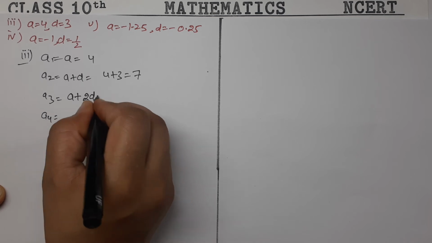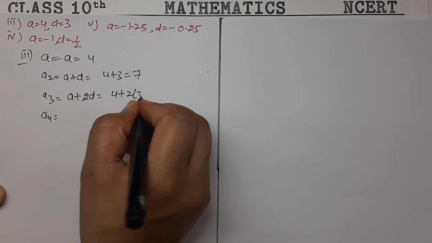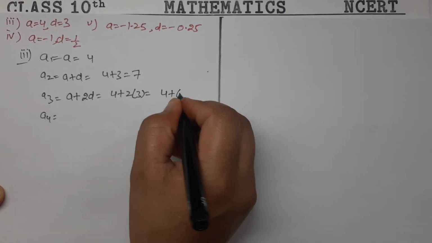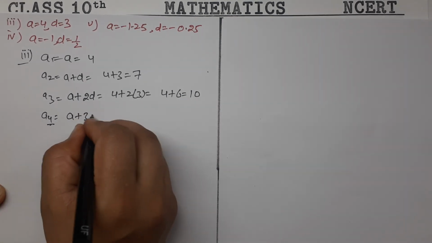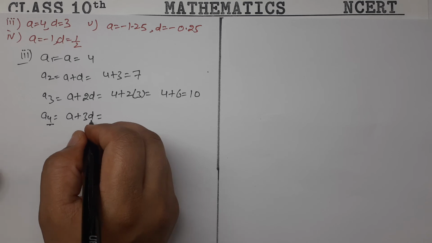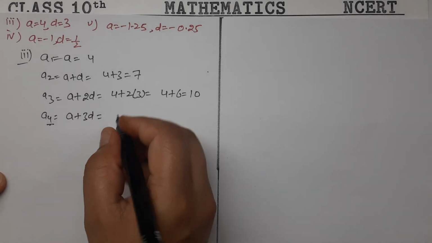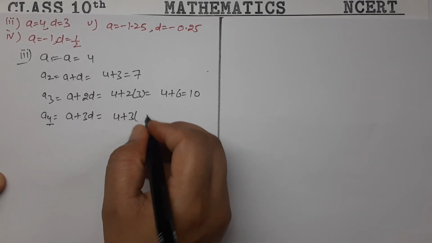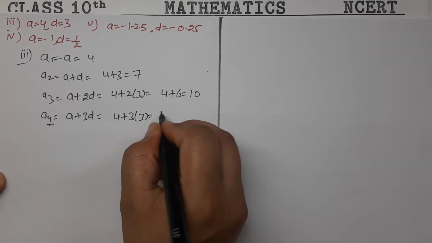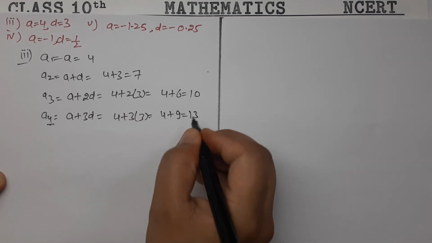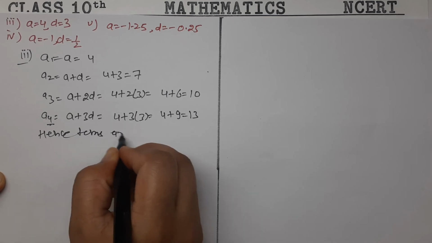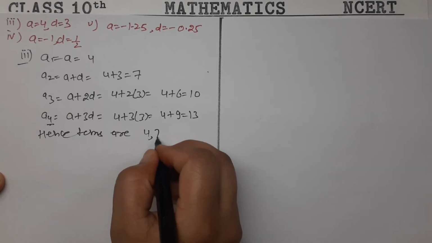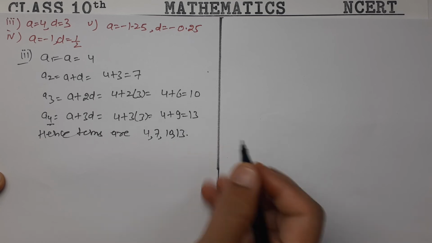A3, A plus 2D, makes 10. A4, A plus 3D by using formula A plus n minus 1 D. For A4, n is 4, D is 3. It makes 13. Hence, terms are 4, 7, 10, 13.